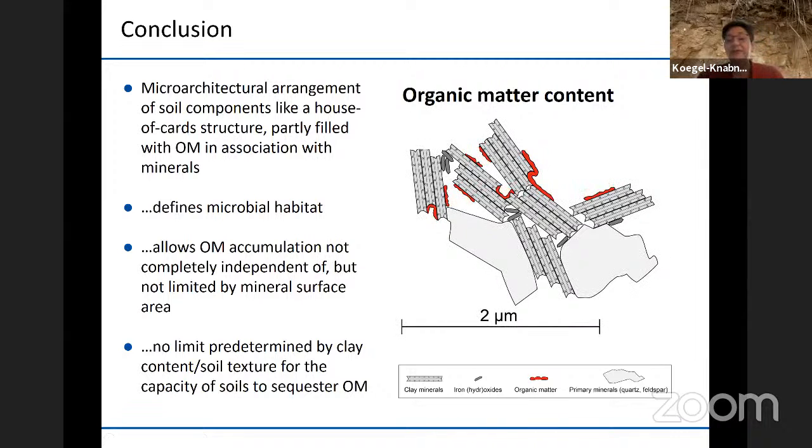And organic matter can accumulate and also be lost again, rather independent probably of the total mineral surface area.